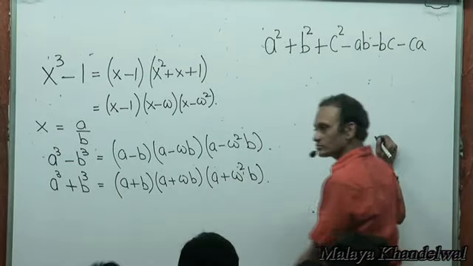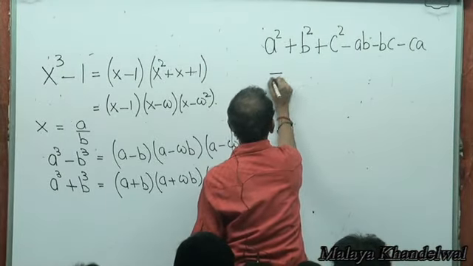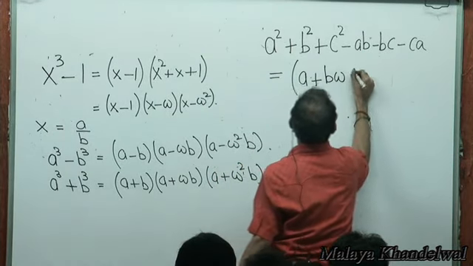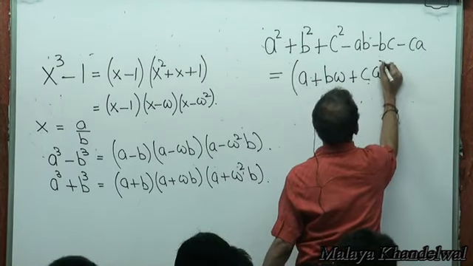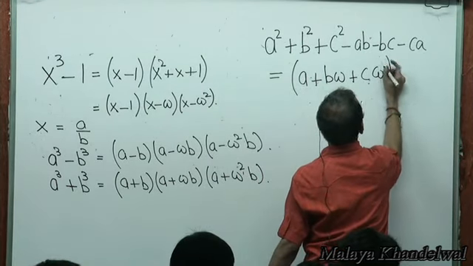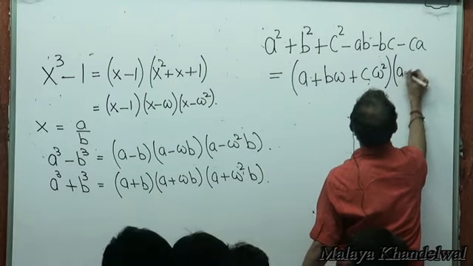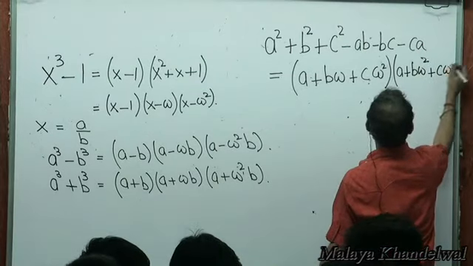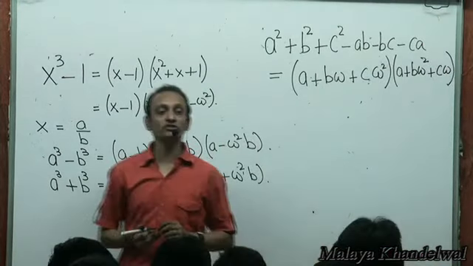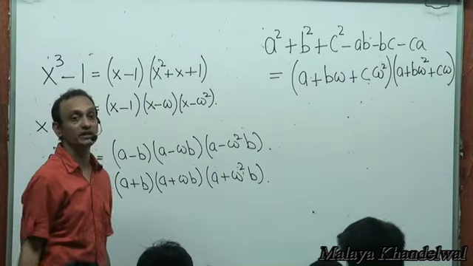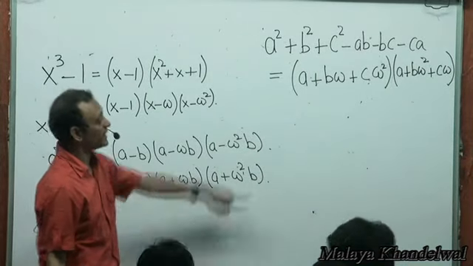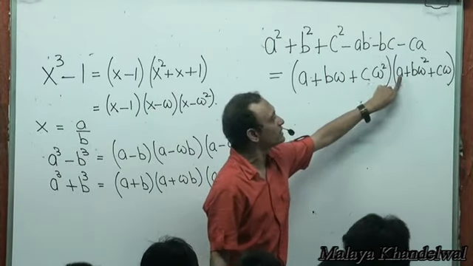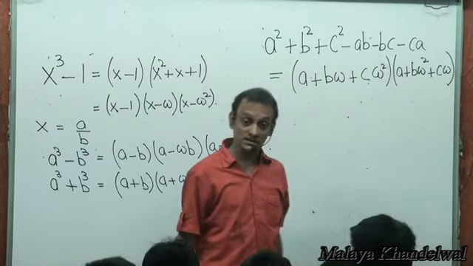This could be factorized like this: a square plus b square plus c squared minus ab minus bc minus ca has these as its factors: a plus b omega plus c omega squared into a plus b omega squared plus c omega.